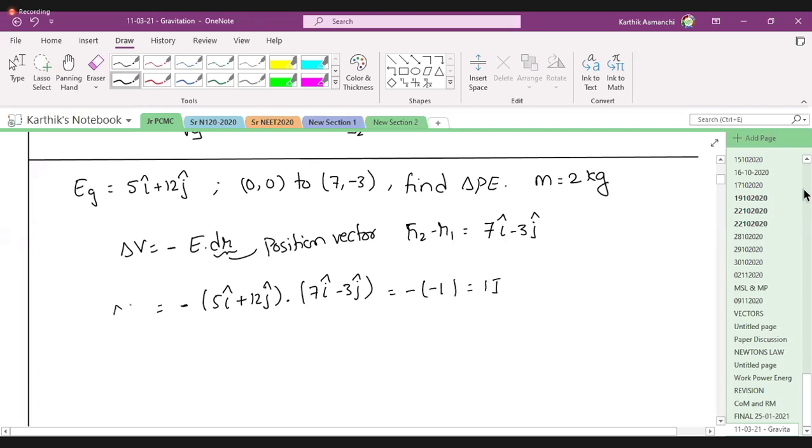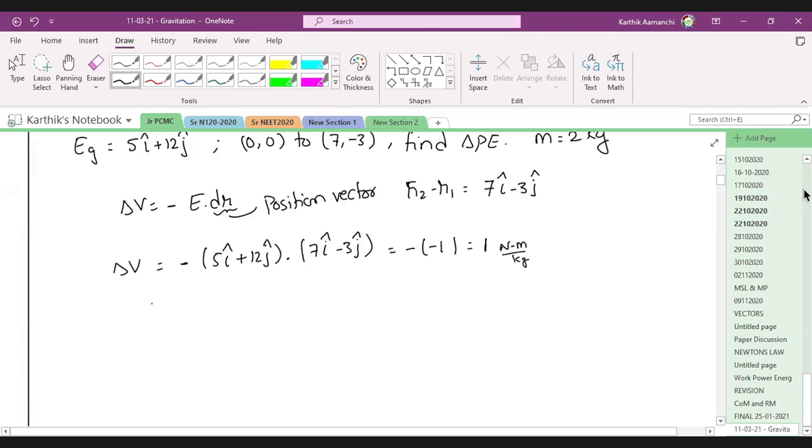No, this is Newton per kg. This is the change in potential, so delta V into M. So this is 2 joules. Mass is given as 2 kg, no? Yes, sir.